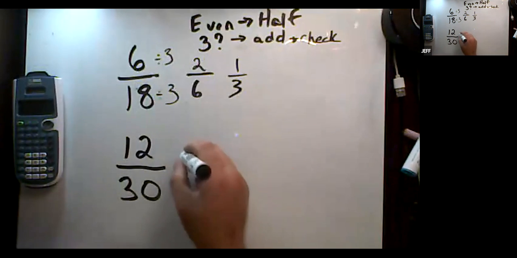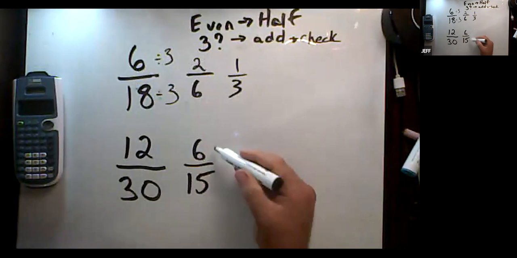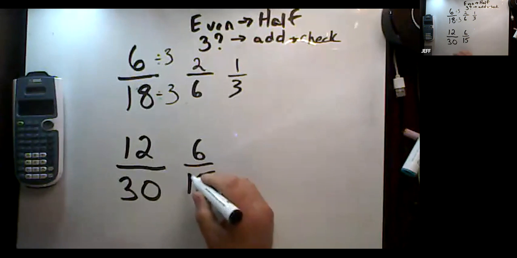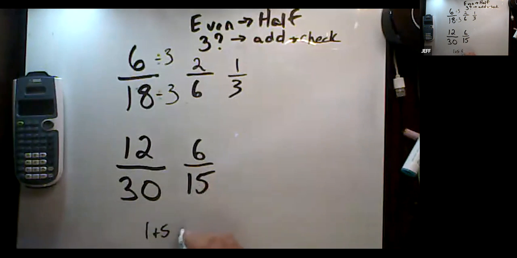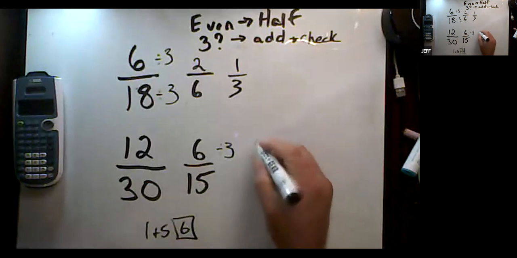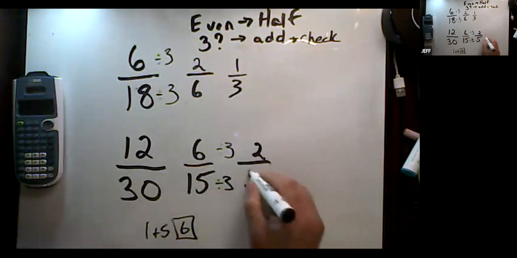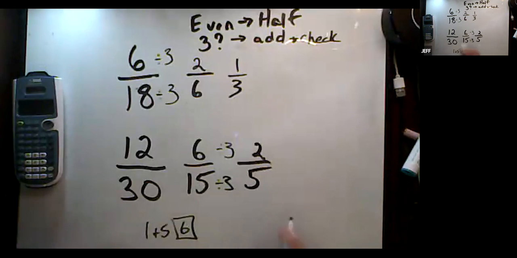Same deal here. These are both even, so we can cut them in half. Now we do the 3 check real quick. 1 plus 5 is 6. 6 is divisible by 3, so we have to divide this by 3. How many 3s go into a 6? 2. How many 3s go into a 15? 5. And this stuff does get tedious.